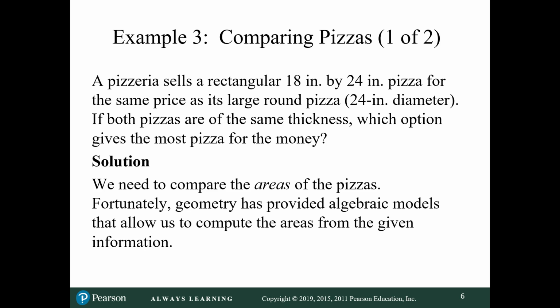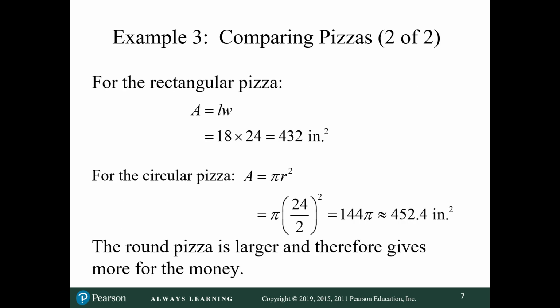What's 12 squared times pi? 452.39. So what's bigger? The round one. Okay? So the round one gives you more for your money. The 432 versus the 452, well, 452 is better.